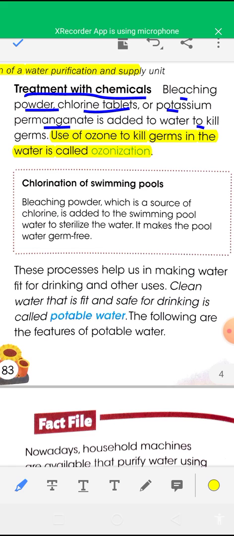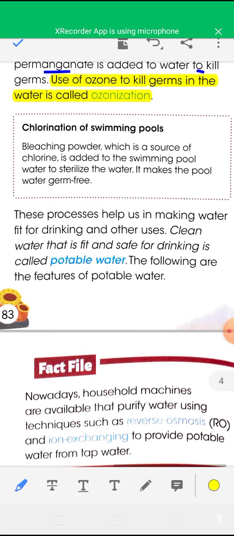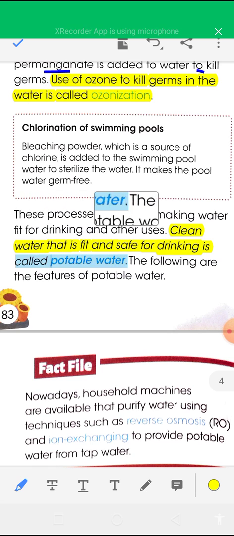These sterilization processes help us in making water fit for drinking and other uses. And clean water that is safe and fit for drinking purpose is called potable water.